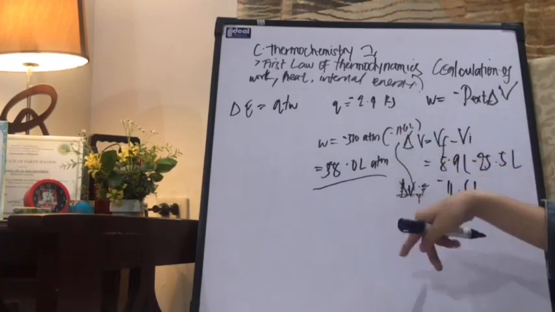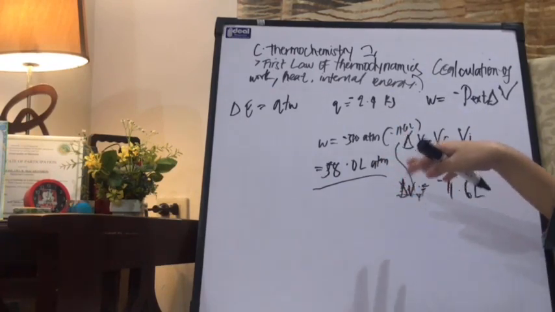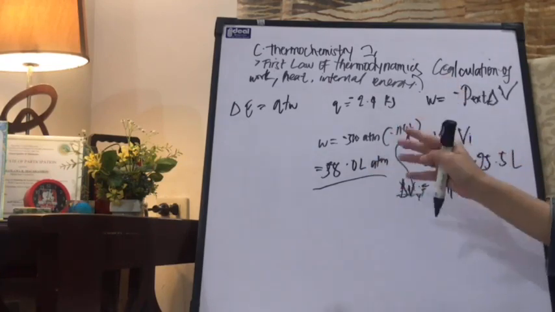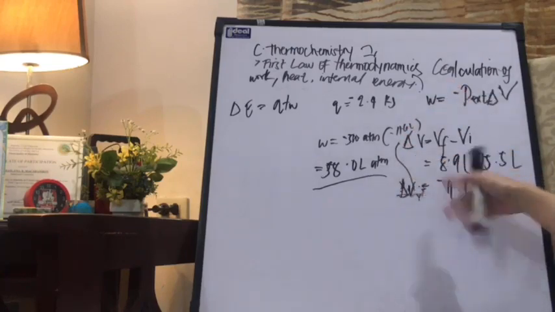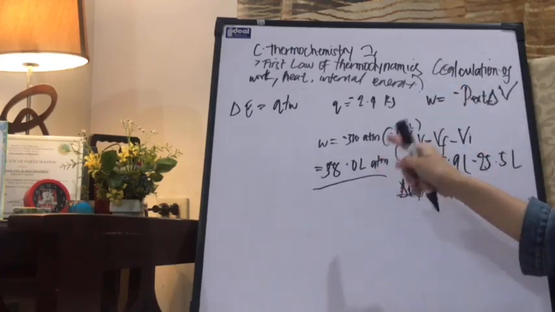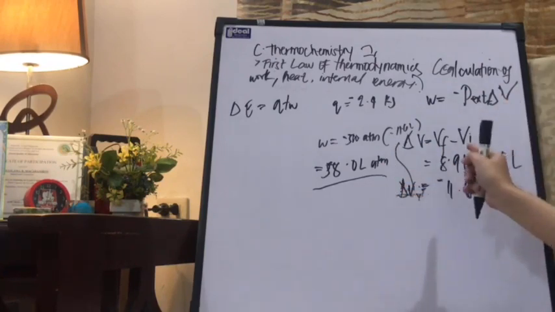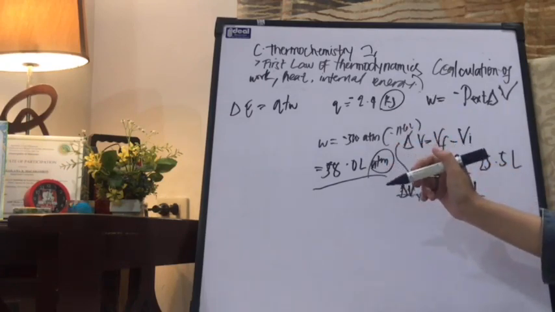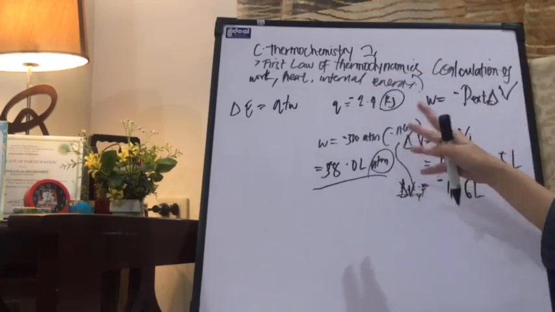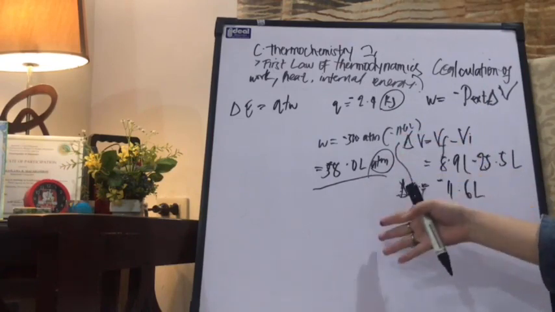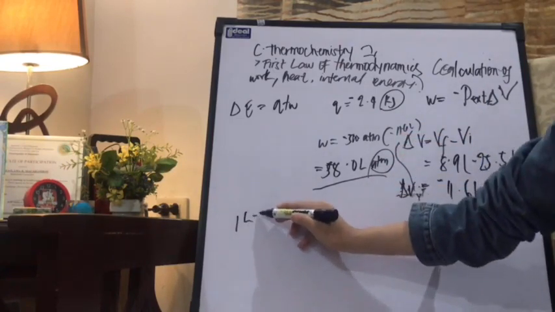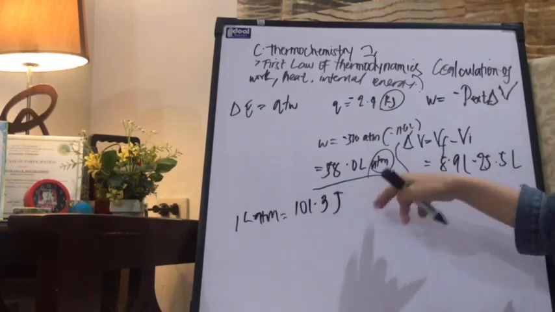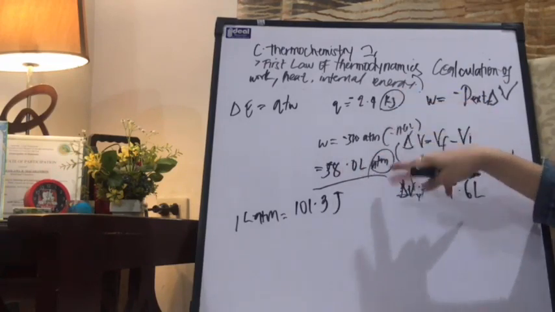Right? Now, before I can add my heat and my work together, they have to have the same units. So I'm going to convert the work from liter atmospheres into kilojoules. Kasi, ganito siya, we just have to convert it. So my conversion factor, which is given, is 1 liter atm is equal to 101.3 joules. So ito yung gagawin nating basis to convert this.